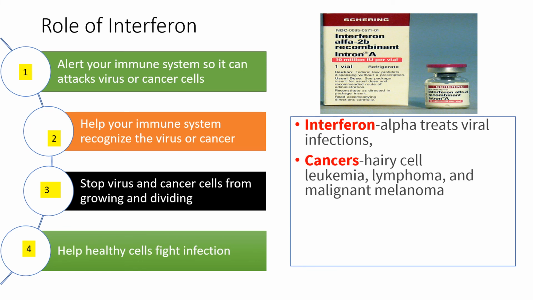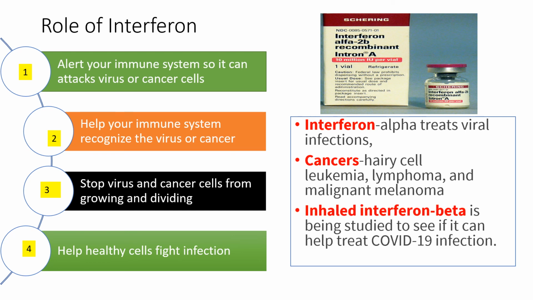It can be used to treat certain viral infections. It can be used in cancers, for example, hairy cell leukemias or lymphomas. And it is even being studied to see whether it can help in the treatment of COVID-19 infection by preventing the replication of this virus.